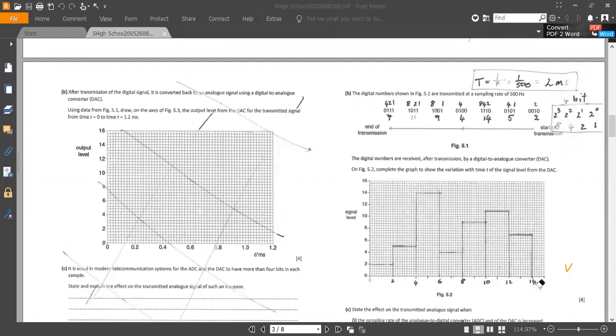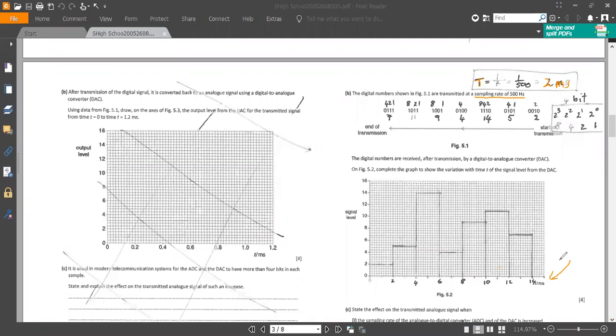So you asked how we get the x-axis in there. How do we get to this point? Well, remember, we have the sampling rate. If we have a sampling rate of 500 Hertz, it means a sample is taken every 2 milliseconds.